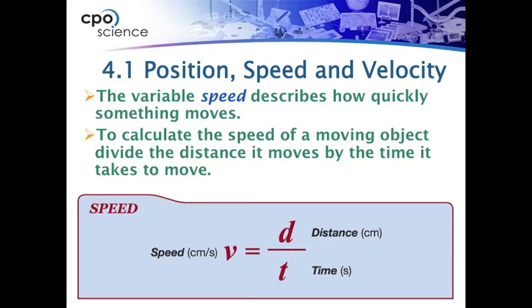Speed is the v, d is the distance, and t is the time. All lowercase letters. Make sure to jot down that equation. You don't have to write down the units next to the descriptions of each of those. You can just write v equals d over t, and I would highlight that for sure.